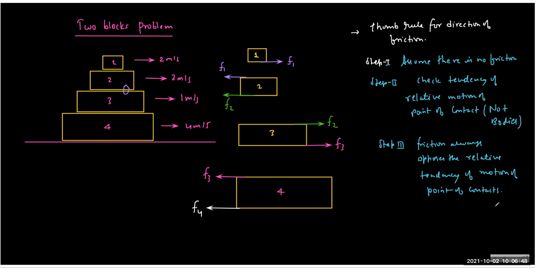The role of friction is to oppose the tendency. So if there is actual motion, you can always apply it. But even if you know the tendency, you can apply the friction.